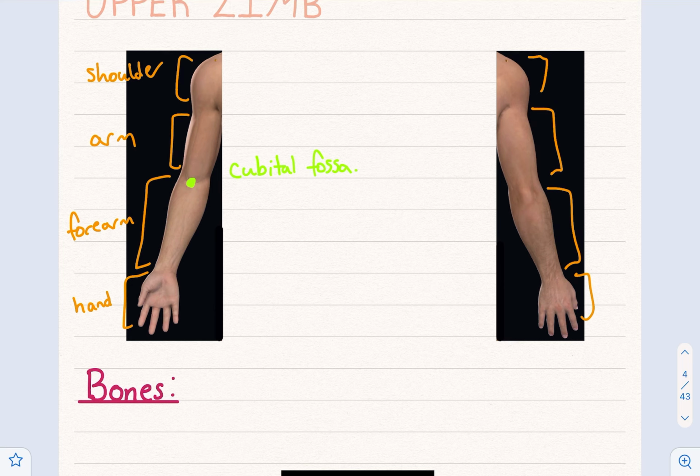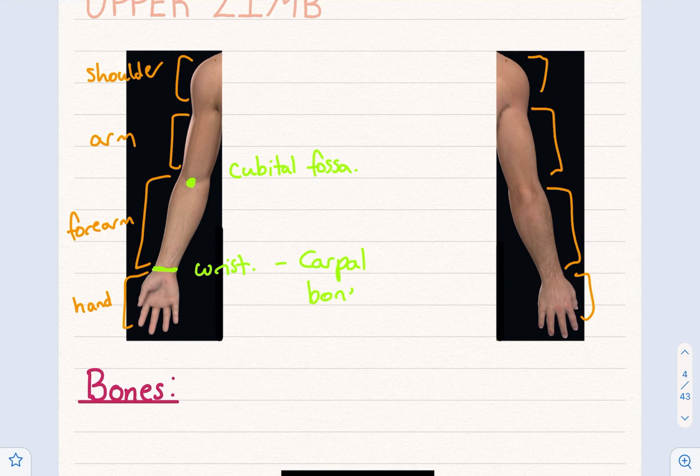The next structure is this one here. This is called the wrist. So the wrist, the reason why it's something of importance is you might have heard of a disease called carpal tunnel syndrome. So the wrist is made up of bones called carpal bones.